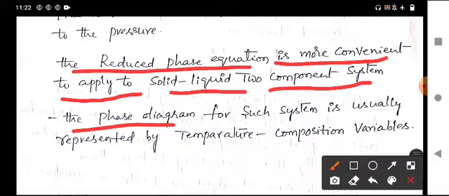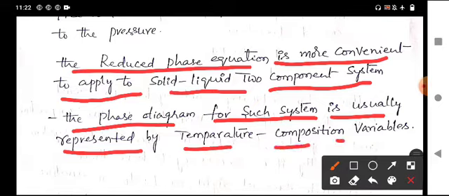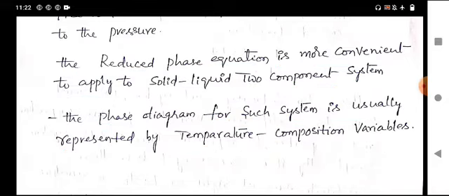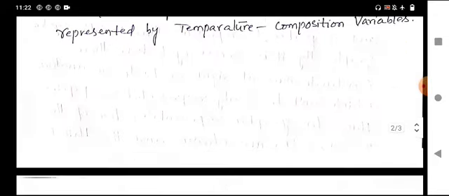The phase diagram for such a system is usually represented by temperature and composition curves.